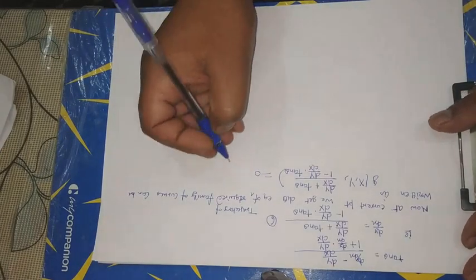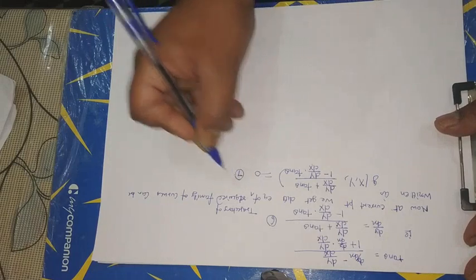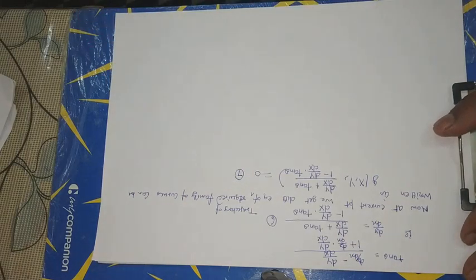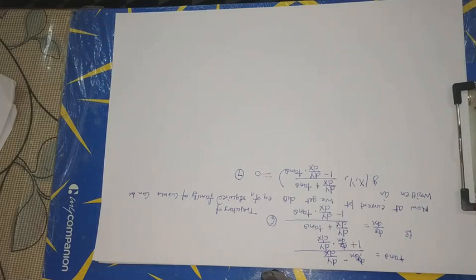This is represented by equation number 7. Equation number 7 is the required oblique trajectory equation of the given family of curves, which is represented by equation number 1. Okay, student?